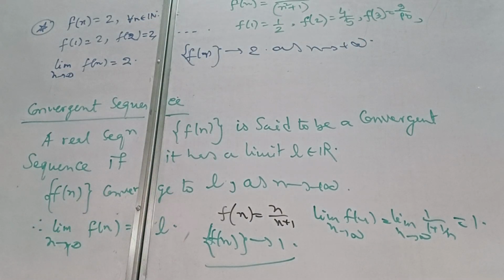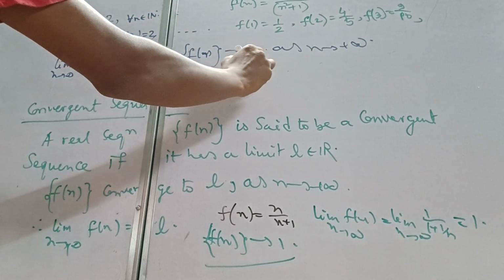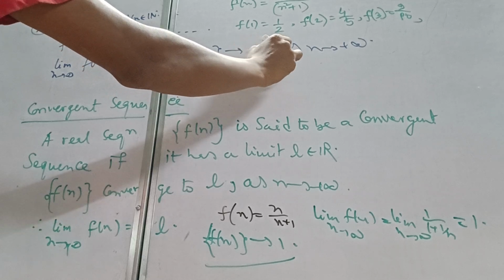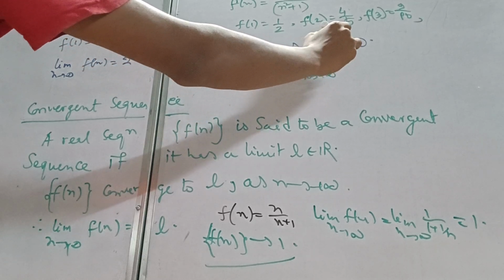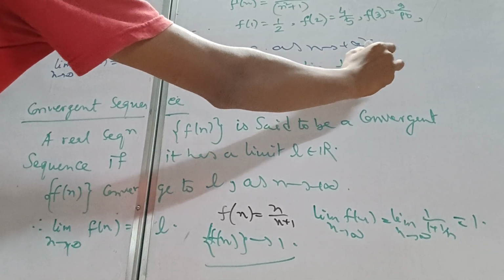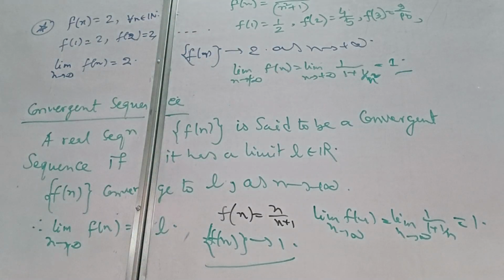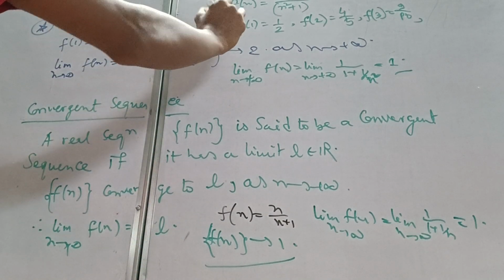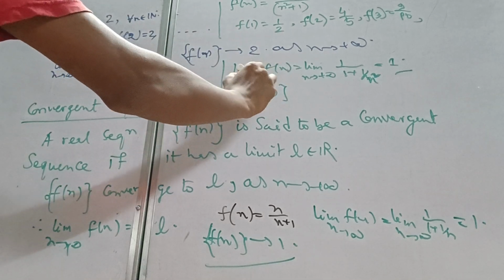In this way we write limit of f(n) as n tends to plus infinity equal to limit of 1 by 1 plus 1/n square, then this equals 1. So this sequence f(n) obviously converges to 1.